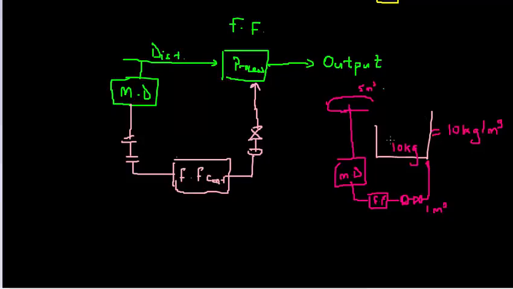I want to go over this process again. I have my normal 10 kilograms of salt here. I need a salt water solution of 10 kilograms per meter cube. I already have the 10 kilograms of salt here. Now the water I'm about to pour is 5 meter cube. Even before I pour the water at all, I would have measured it. Once I see that it's 5 meter cube, I take it to the feed forward controller.